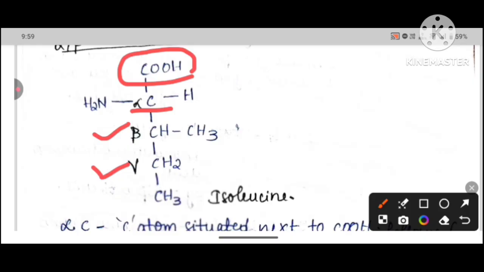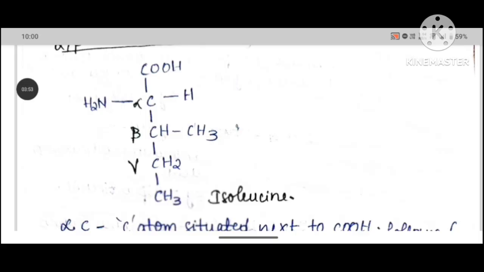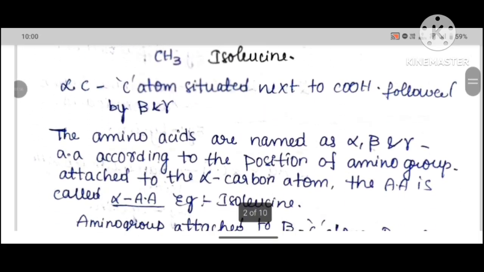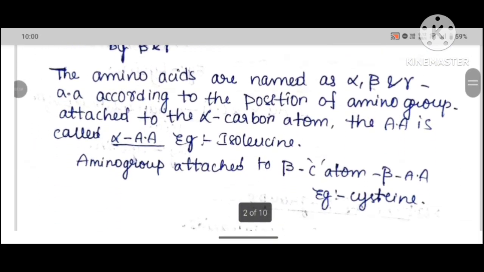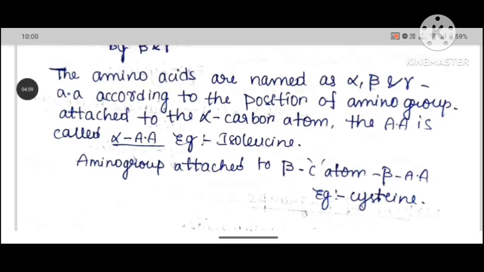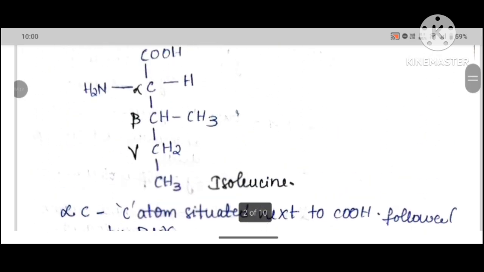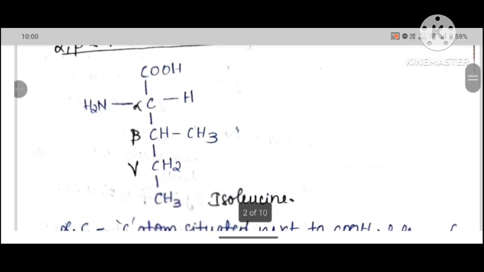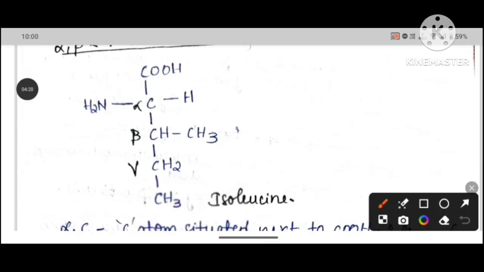So what are alpha amino acids? Amino acids are named alpha, beta and gamma amino acids according to the position of the amino group attached to the carbon atom. For example, isoleucine is an alpha amino acid as it has the amino group attached to the alpha carbon.